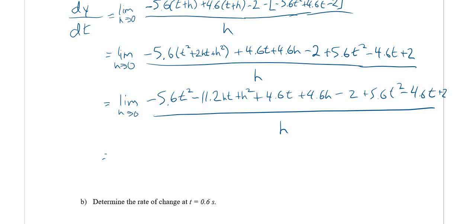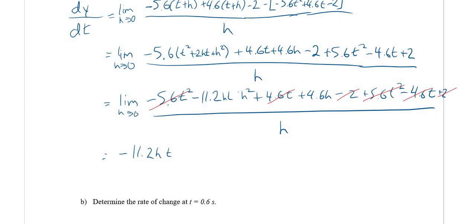So right now we have a positive and negative 5.6t squared, so those can go away. We have a positive and negative 4.6t, and we have a positive and negative 2. So all those can go away. Let's see what we have left. Now if we combine all this, we get only one ht term, which is negative 11.2 ht. And we're going to have a minus 5.6 h squared.